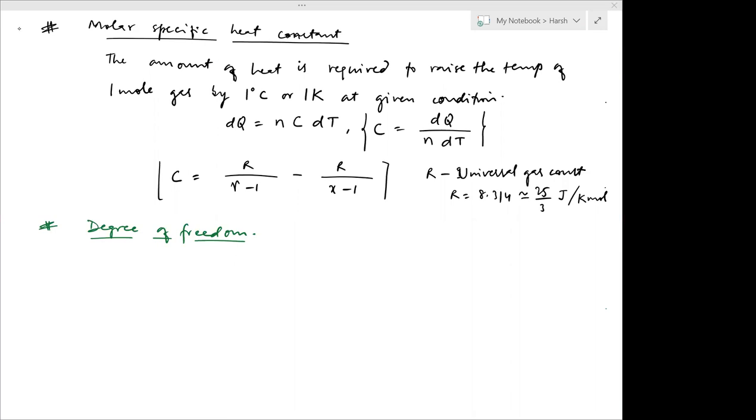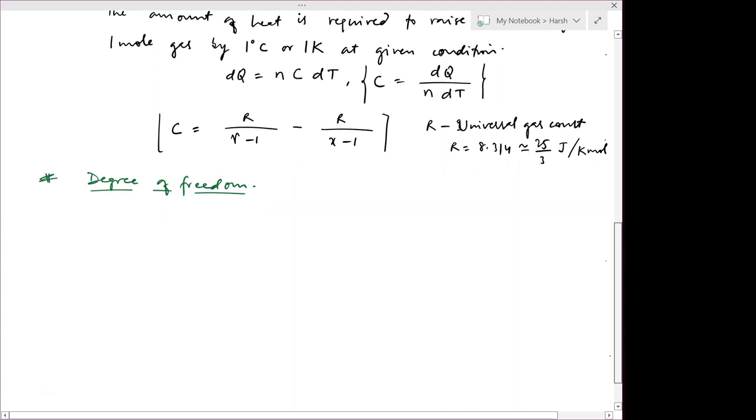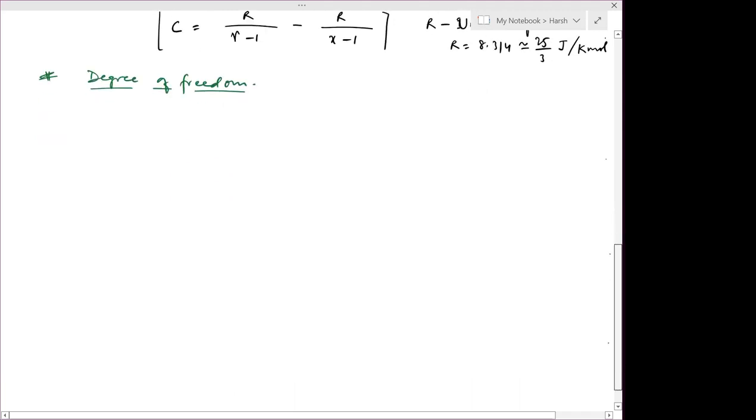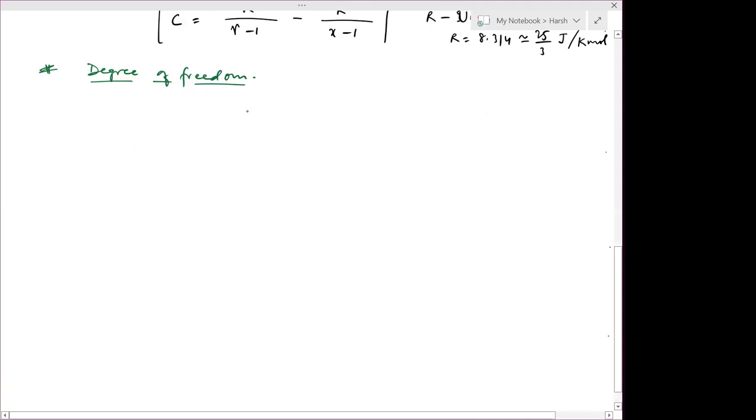It is the number of coordinates required to give a specific location for a molecule and so its position.